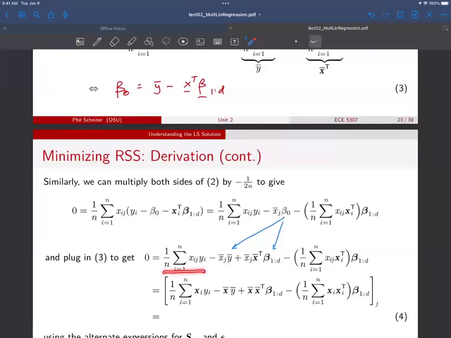We can take this scalar, write it that way, or we can say this is this vector jth entry. So we've done that here. Similarly, we've done the same thing here. We can also say that x bar j is just the jth entry of the x bar vector. And that's what we've done there. And so putting those together, you might notice this.